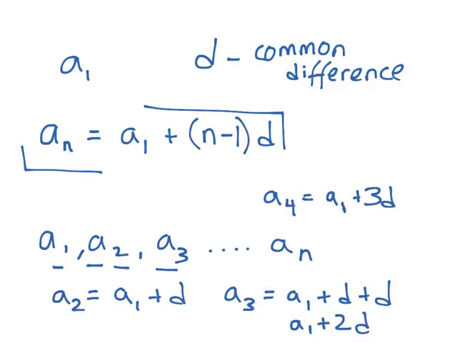But of course, if we know some of these variables, we can solve for the others. So make sure you understand this equation. It's very important. Alright, see you next lesson.